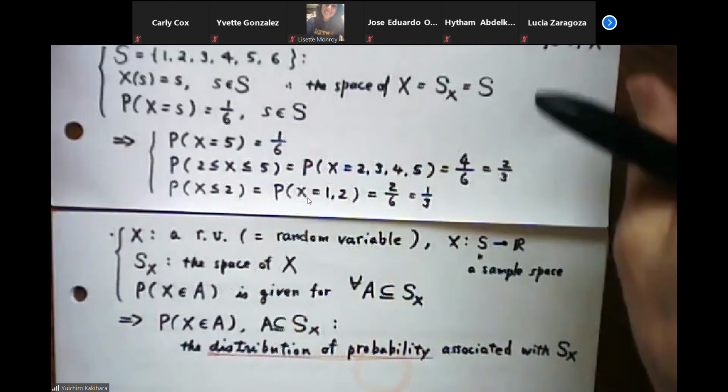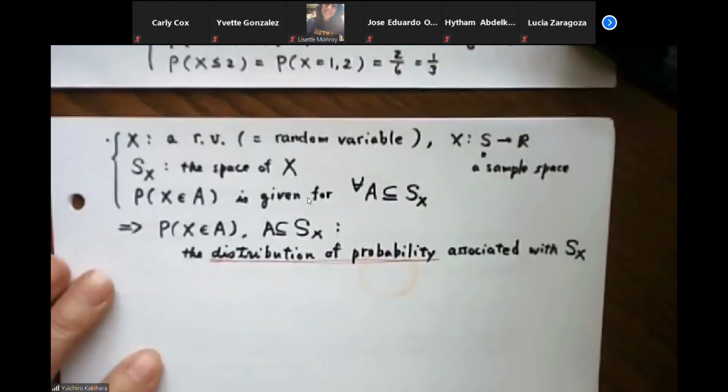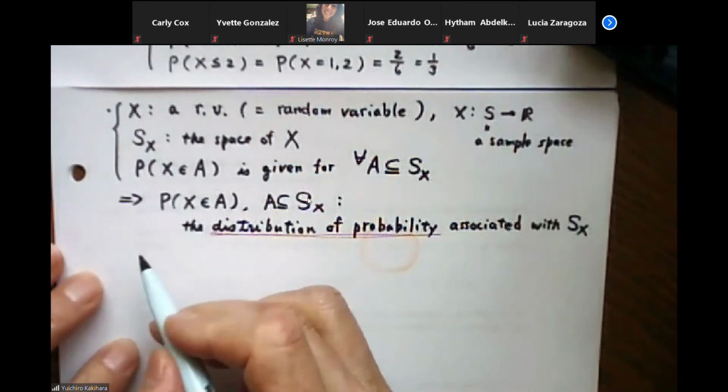So let's see. The next step is we're given a random variable again.